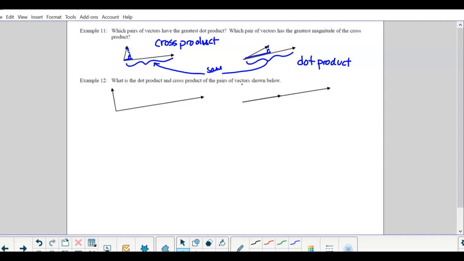So, and then here, what is the dot product? These aren't labeled. Well, I'll give you, it is 90 degrees. It should really be labeled there. Okay. So the dot product of any perpendicular vectors is 0, right? And this should actually be the magnitude of the cross product.